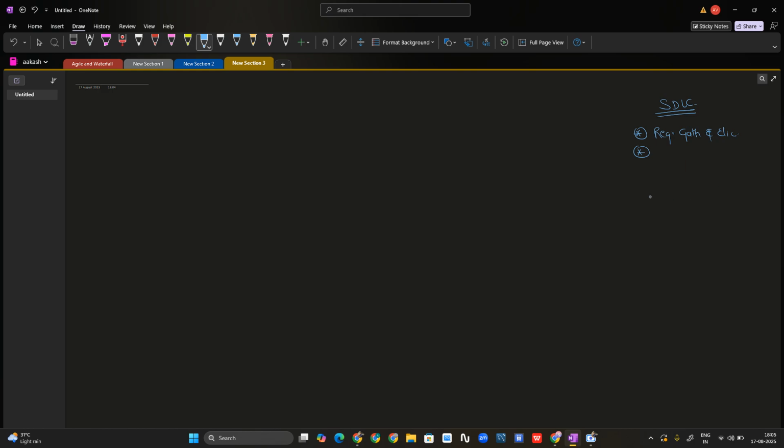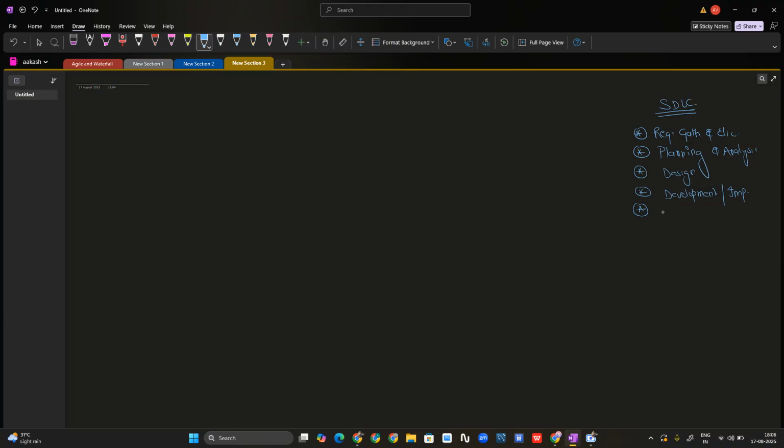Then the second point is planning and analysis. The third point is designing. Then development and implementation.